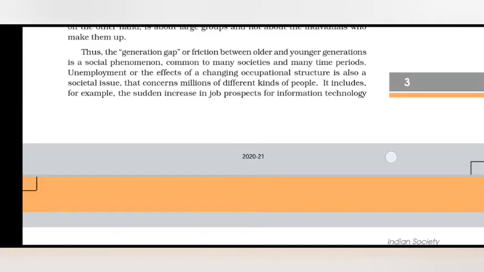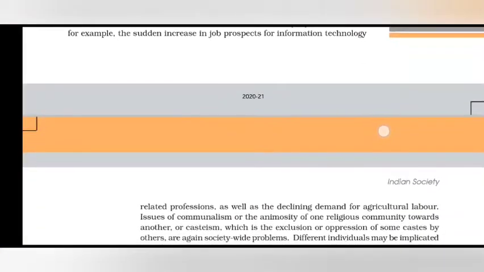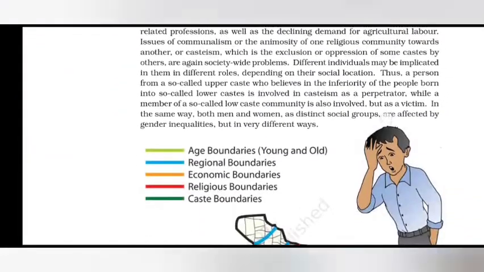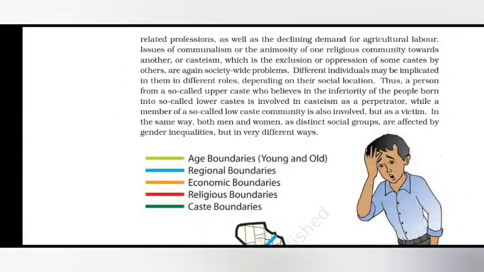It includes, for example, the sudden increase in job prospects for information technology related professions as well as declining demand for agricultural labor. Issues of communalism, or the animosity of one religious community towards another, or casteism, the exclusion or oppression of some castes by others, are again society wide problems.